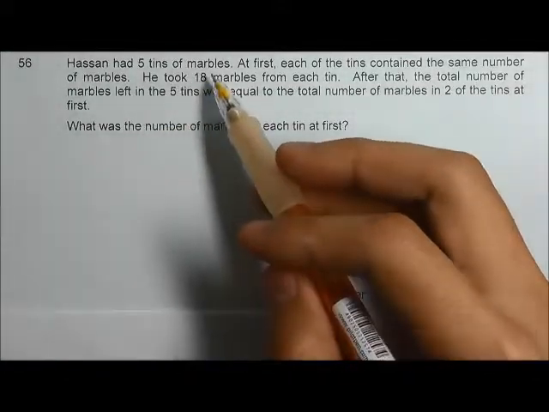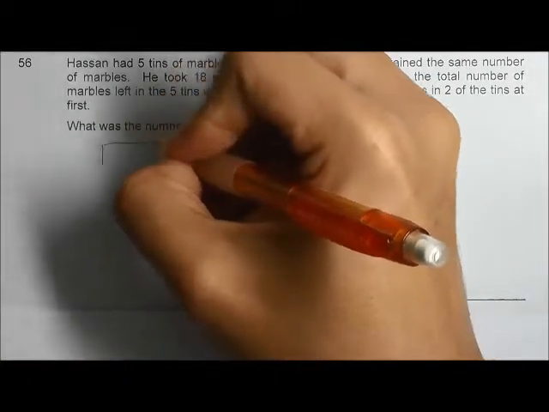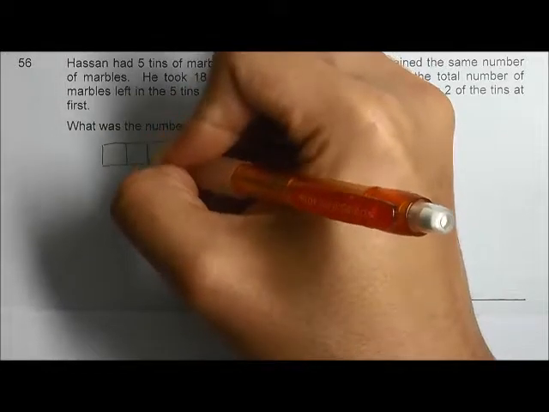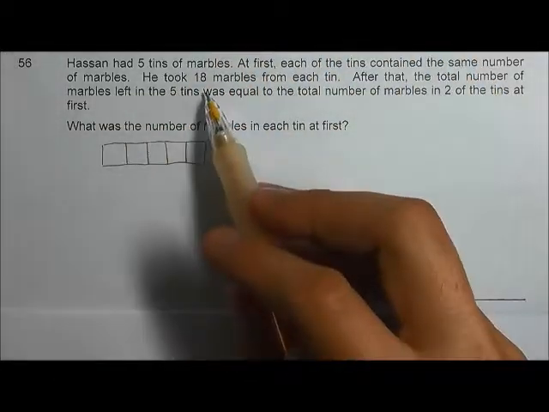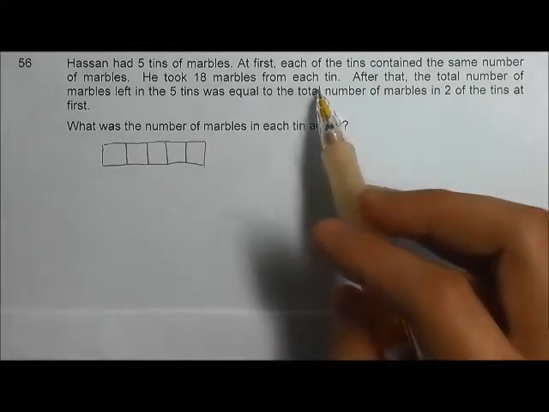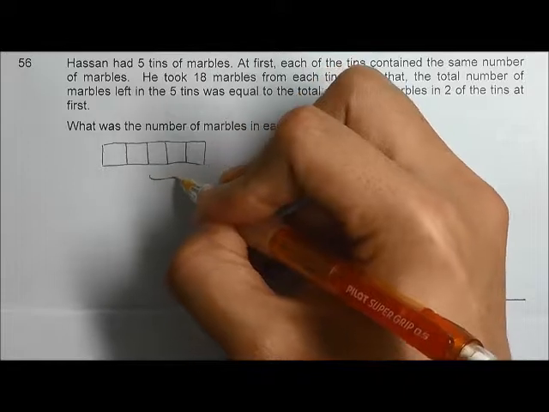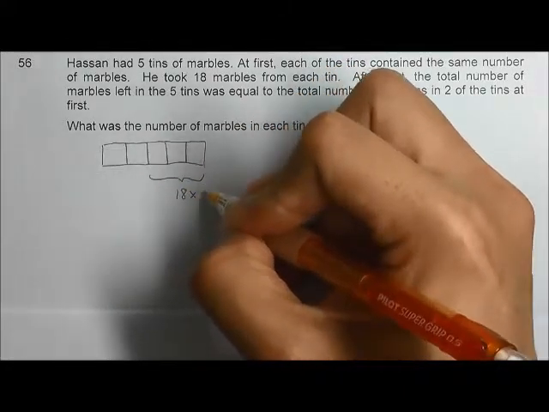Hassan had 5 tins of marbles. So we can represent it with 5 units in the model. And he took 18 marbles from each tin. That means he took a total of 18 times 5.